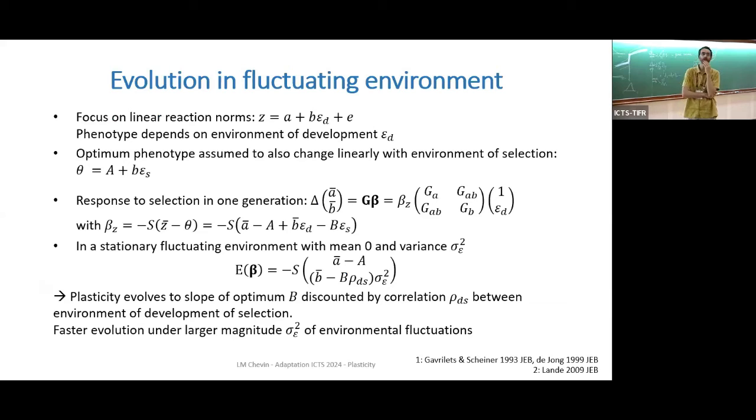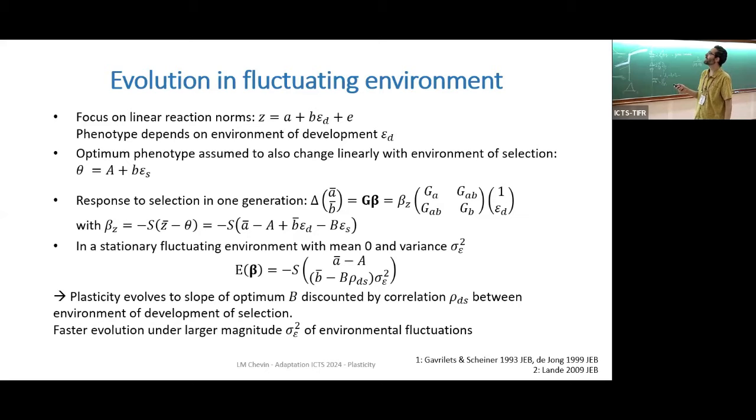Okay, now if you think more in evolutionary terms, and go back to what I showed you before, this linear reaction norm, we're going to be a bit more specific. This environment, which I call the environment of development, is the environment that influences the trait. The temperature may affect the trait at one time when it can modify the trait, and then there's a delay until the response is produced.